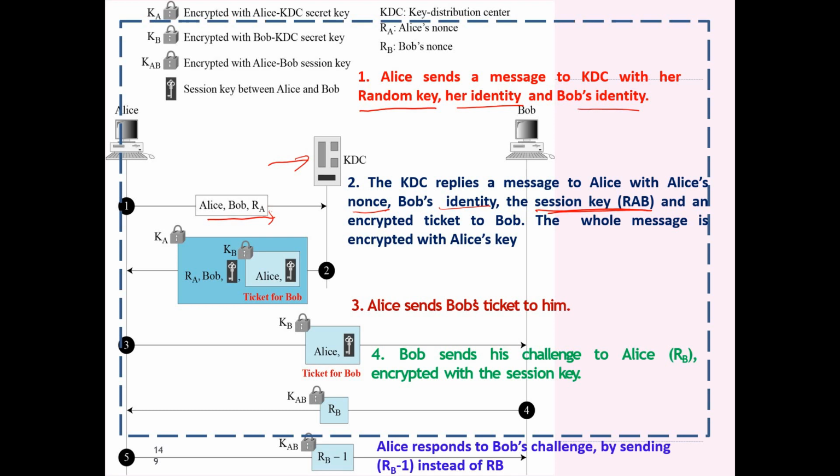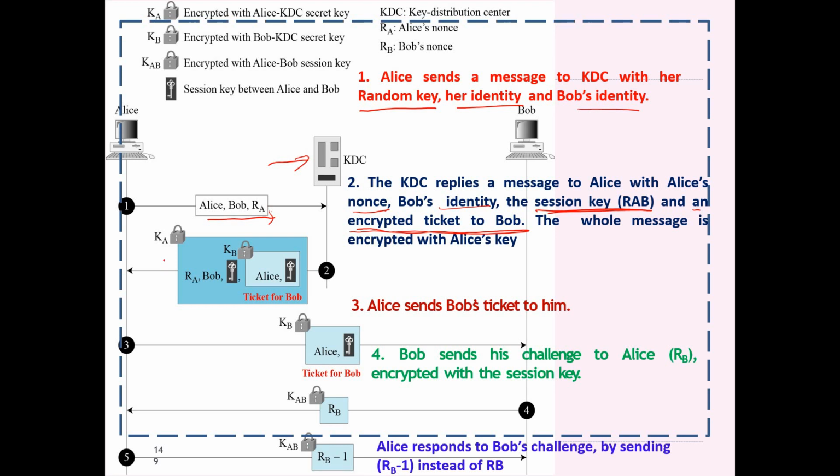If you take wireless, and if I consider only mobile, which is easier for you to understand, in all cases you need a vacant channel. You need a bandwidth over which you are going to communicate. So this session key or timestamp will indicate that. Based on that only you try to communicate, because if the channel needs to be free, otherwise how will you connect? Right? So that's where the session key becomes important, along with an encrypted ticket to Bob.